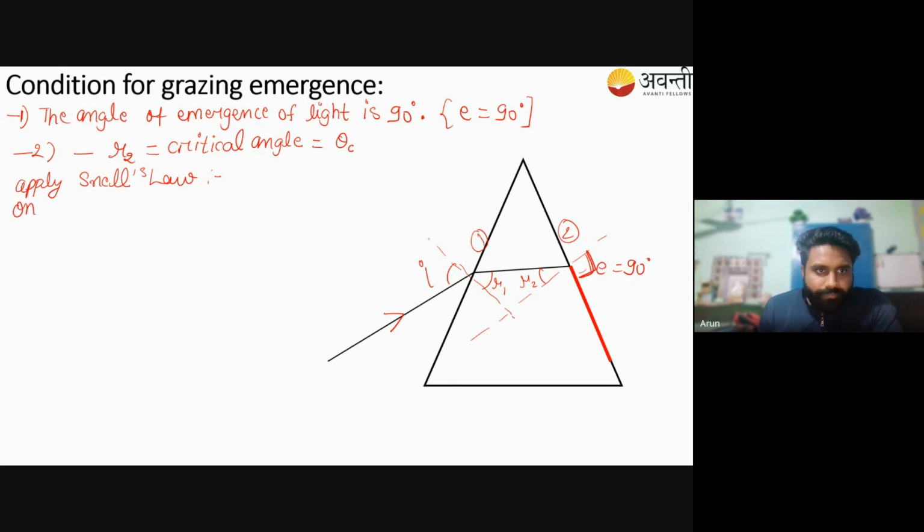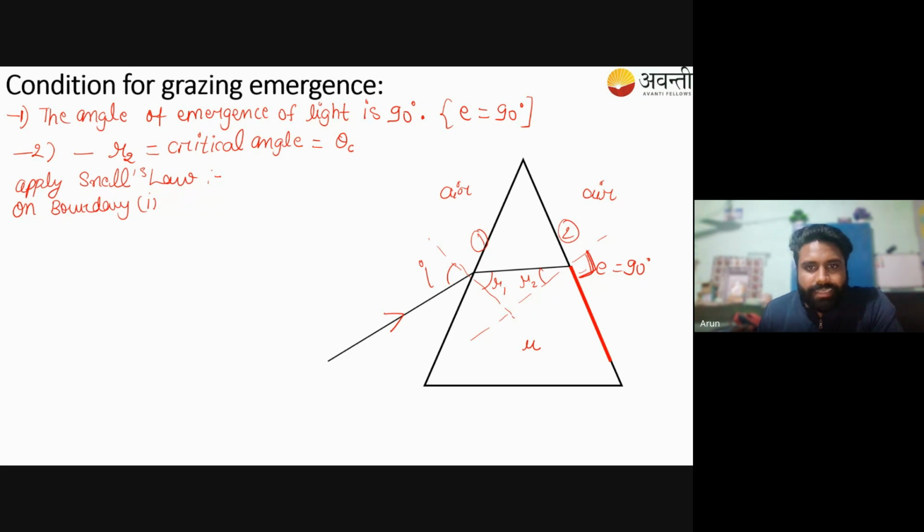So on boundary 1, what is the value of Snell's law? It is air outside, and this refractive index is mu.